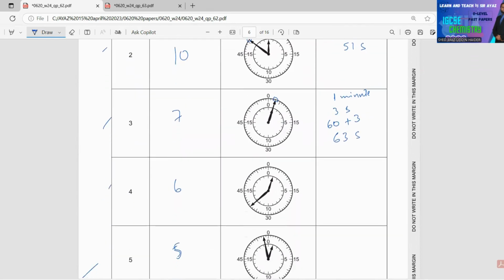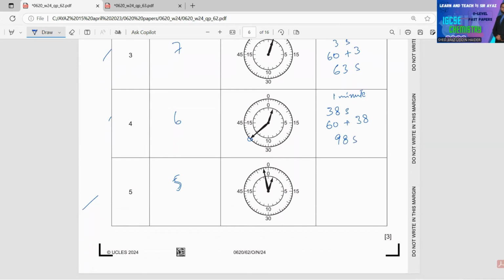What about experiment 4? Again, we have 1 minute in this case. And what about the seconds? We have 35, 36, 37, 38 seconds. So you will add 60 plus 38, and you will get 98 seconds.